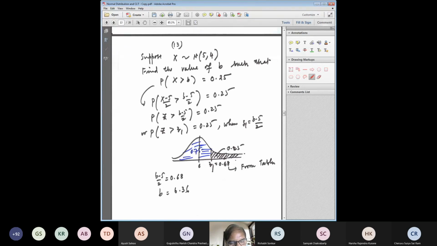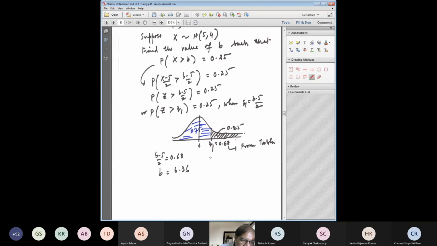So instead of looking for z1 beyond which area is 0.25, I will look for a point below which area is 0.75. Okay, so go back to the table. Let me show you. You have to look for 0.75.